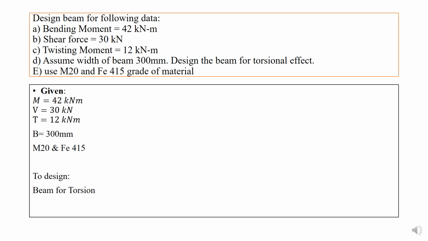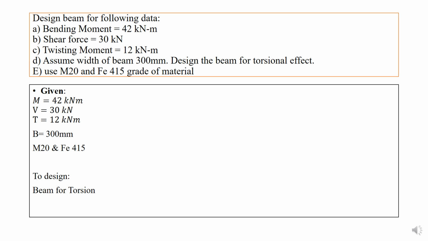Okay, so first you should write given data. It is important to write given data because sometimes we might write some values from previous examples or some wrong interpretation. So it is important to write given data and the particular units of it. All the values given in this particular numerical are working values, unfactored values.